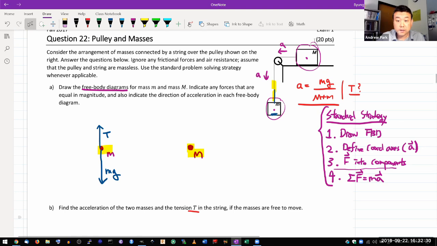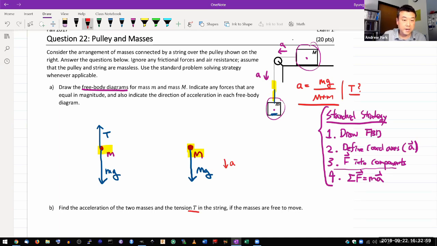For the big mass on the table, I start out with the gravity once again. So there's a gravitational force pulling it down. Then I ask myself, did I draw all the forces? What I'm really looking at is, does the direction of acceleration that seems to be implied by the forces I've drawn make sense? And here, I know this mass is accelerating horizontally.